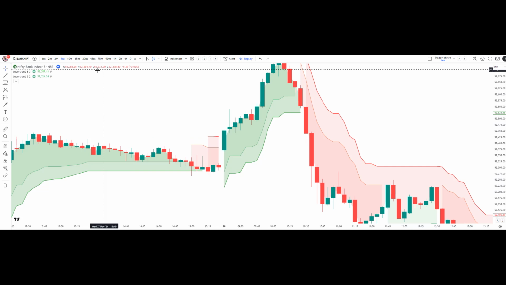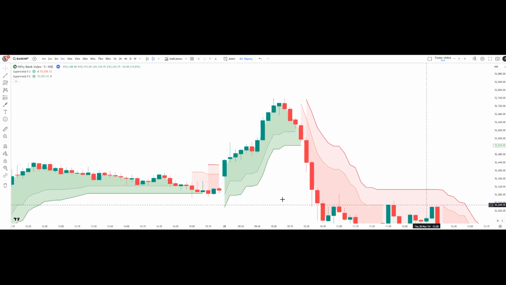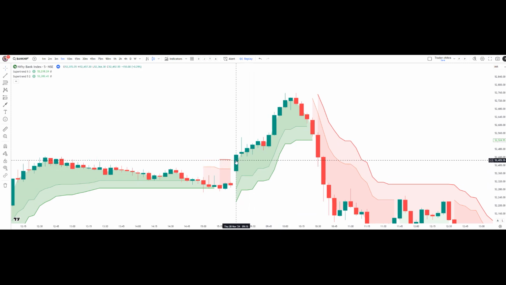I have changed the time to 5 minutes. This is the first 5 minutes candle of Bank Nifty, and here we can see this is a green candle. This green candle has broken the resistance level. This is the first resistance level, and this is the second one. In Bank Nifty we got a green candle trading above that particular level. Keeping that low as stop loss, you can enter into the long trade.